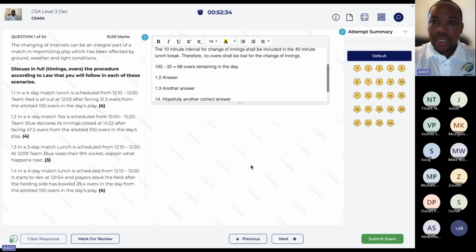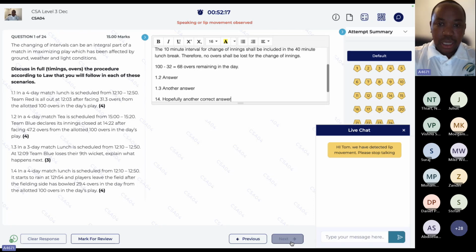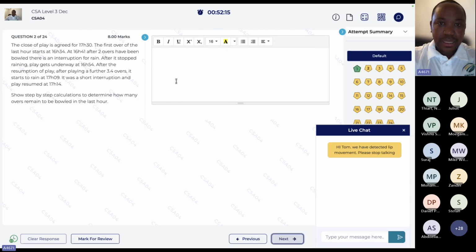And I want the candidates to see that message pop up on my screen as the exam candidate. While Abdullah does that, I'm going to show you how to move on to the next question. There I click on next and it has saved my submission for questions 1.1, 1.2, 1.3, 1.4, and it's taken me to the next question, which is question 2.